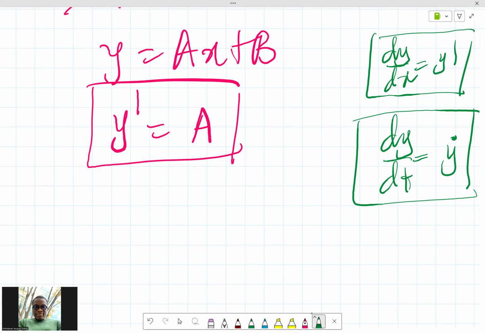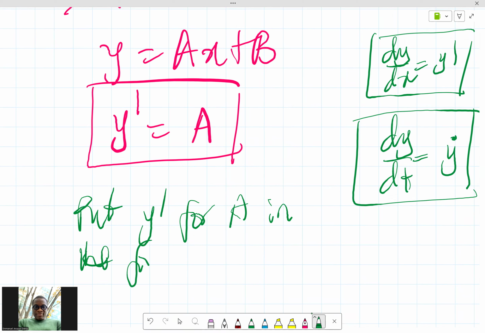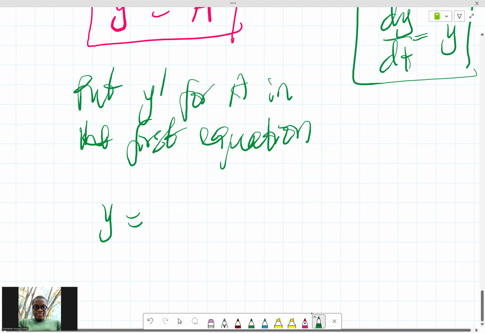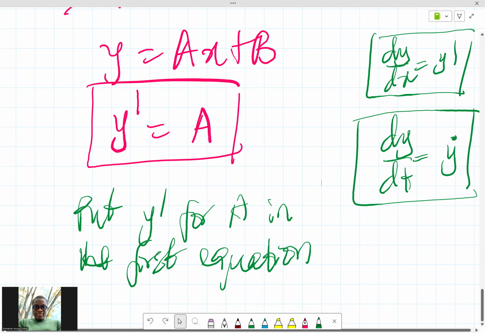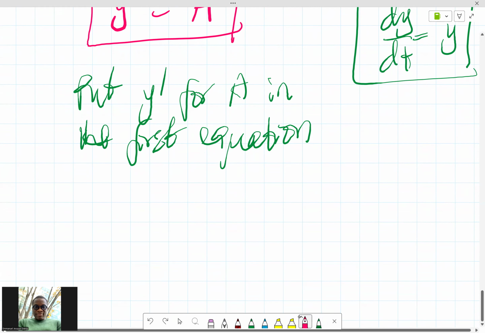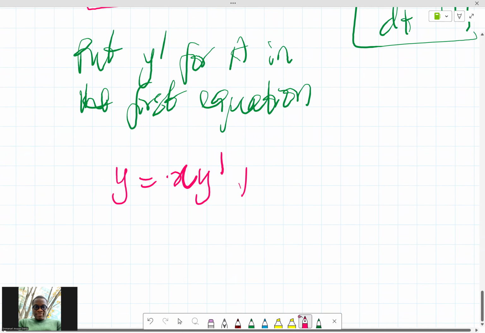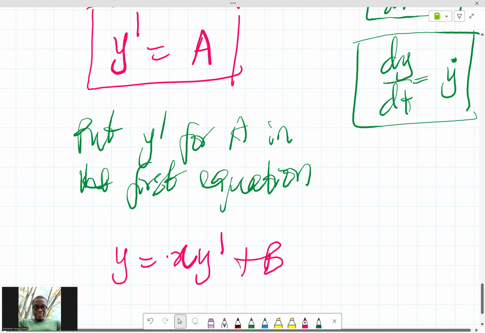If we put y prime for a in the first equation, we have y equals x y prime plus b. But we see b is still present.